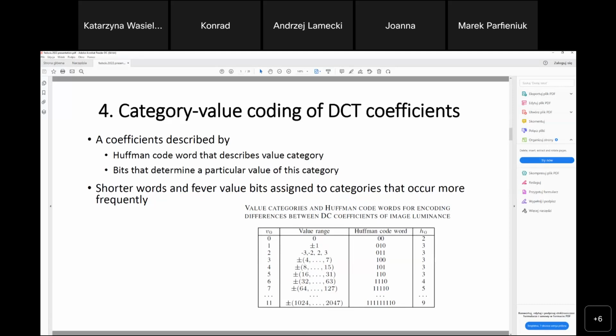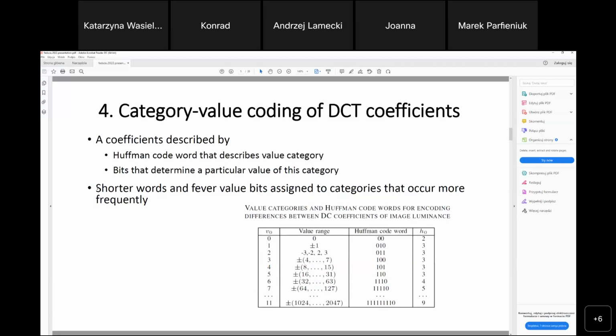And then the third category consists of four values, minus 3, minus 2, 2, 3, and this codeword is 011, and is followed by 2 bits which allow to select one of these four values. The compression effect is achieved by assigning shorter words and fewer value bits to categories that occur more frequently.